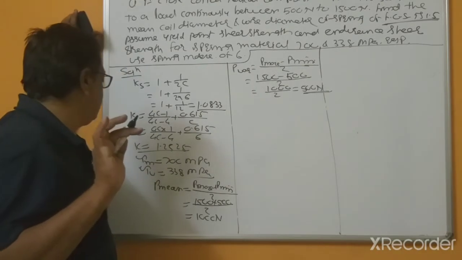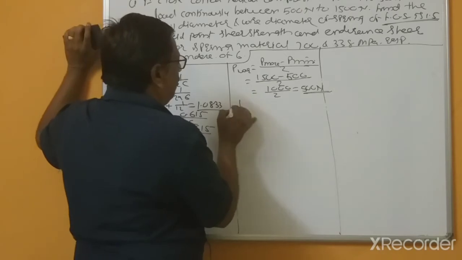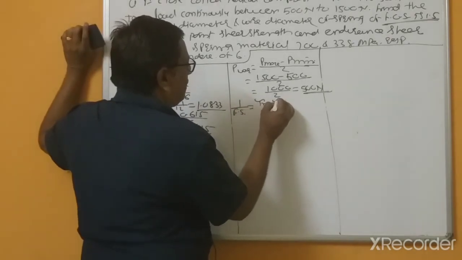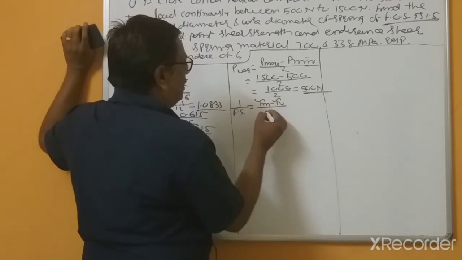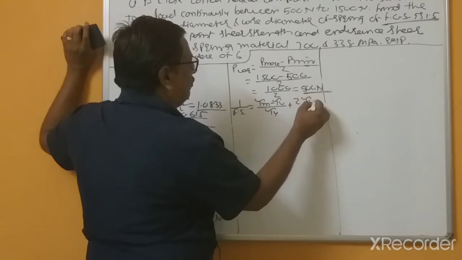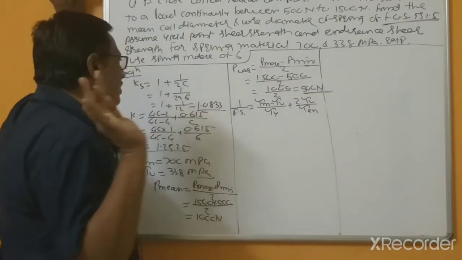This is correct. So now use the formula: 1 divided by factor of safety equal to (tau m minus tau v) divided by tau y plus tau v divided by endurance strength.